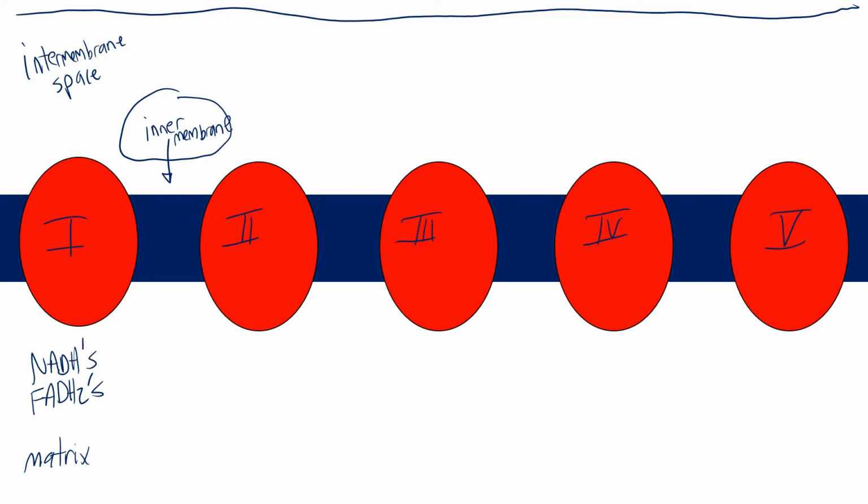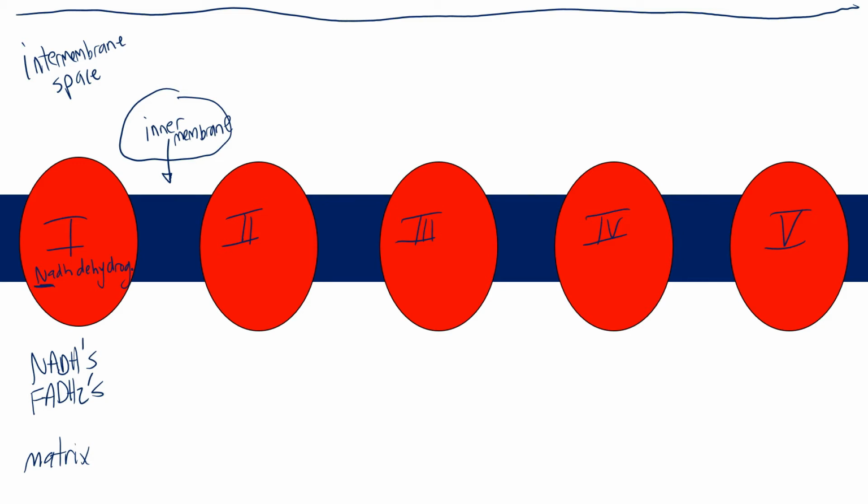So we've basically harnessed energy within the protons and the electrons that are within these NADH and FADH2. So the first thing you need to know is we're going to start at complex 1. Complex 1 is called NADH dehydrogenase, and I'm just going to abbreviate it, dehydrog. Now, how do you remember that this is going to be called NADH dehydrogenase?